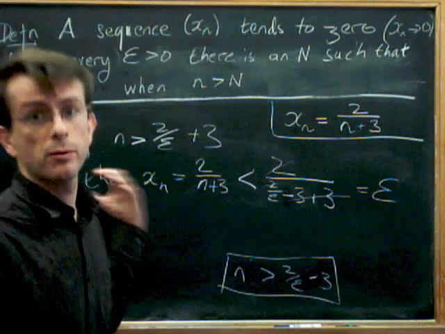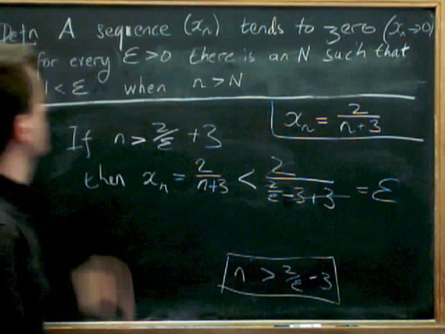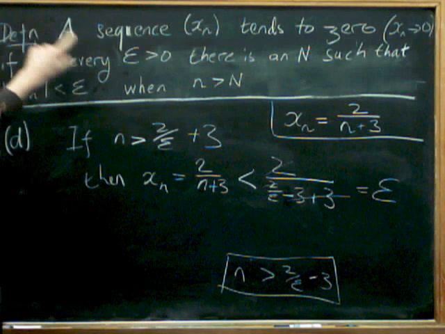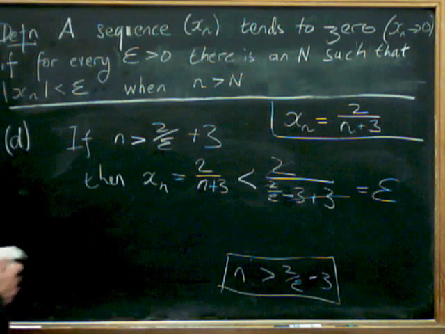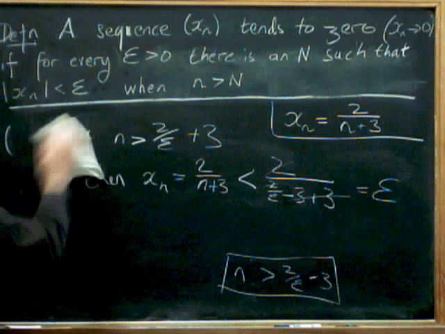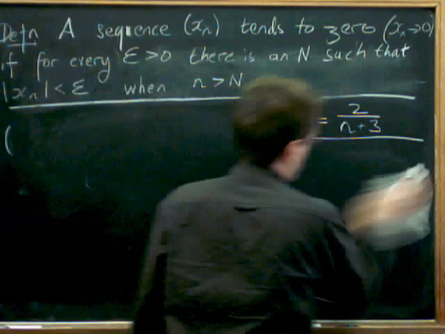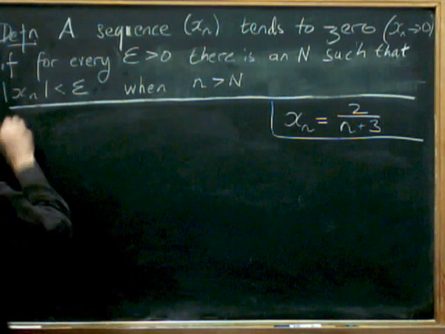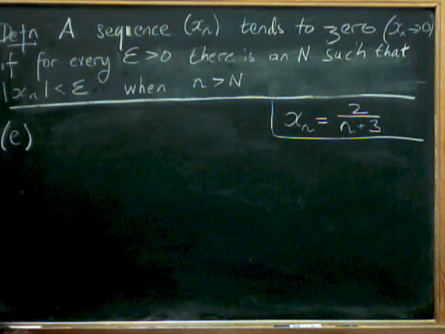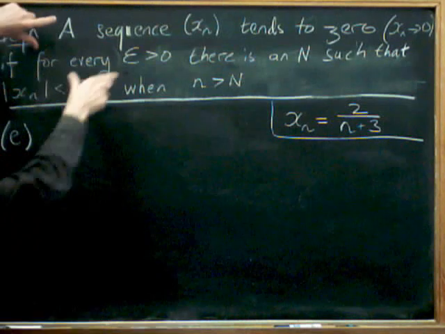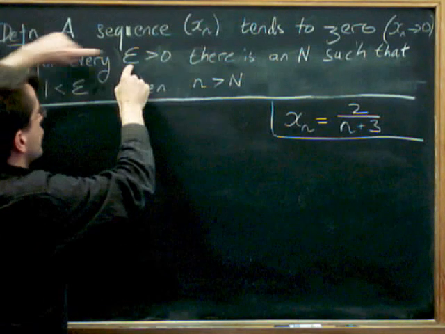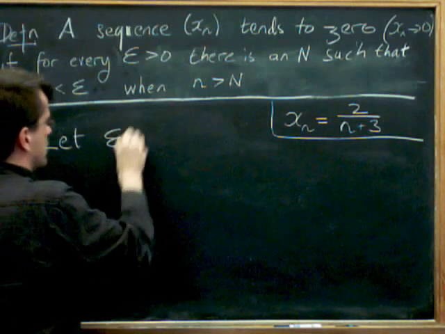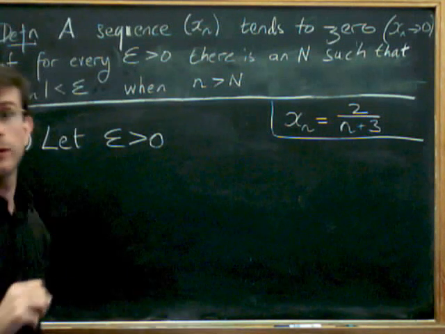So now let's turn this into a proof. We've got to write it down to show that our sequence satisfies this definition. Part E is going to be exactly the same, but we have to write it down slightly differently. The definition says that this property has to be true for every epsilon. So suppose I give you an epsilon. It could be any number in the world that's bigger than 0.